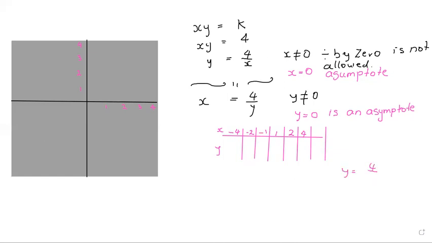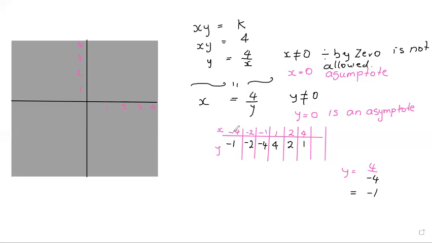And when x is 4, it's going to become 1: 4 divided by 4 is a 1. So here we're going to have -1, -2, and -4. We're going to have 4 here, 2 here, and 1.